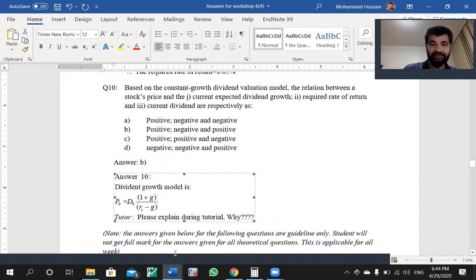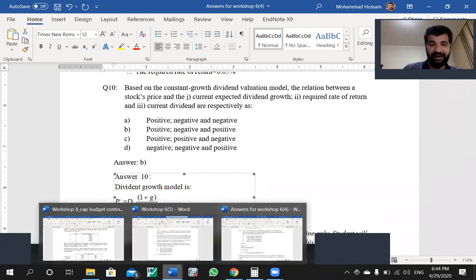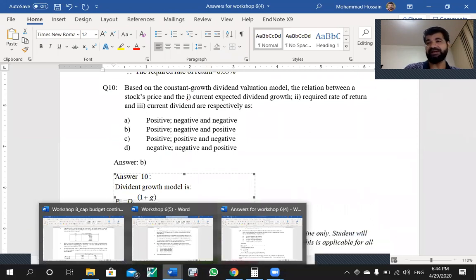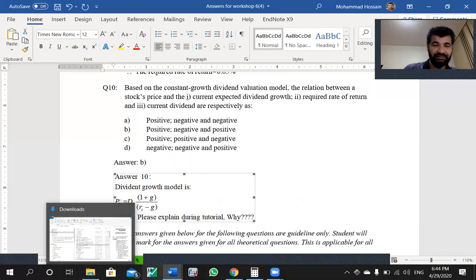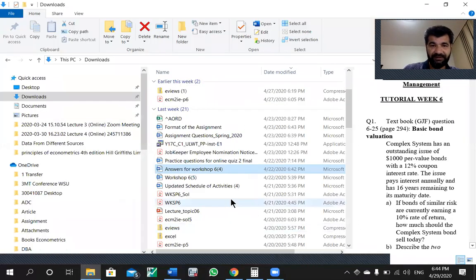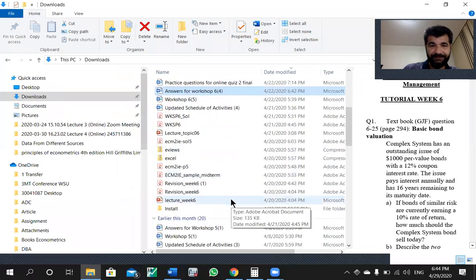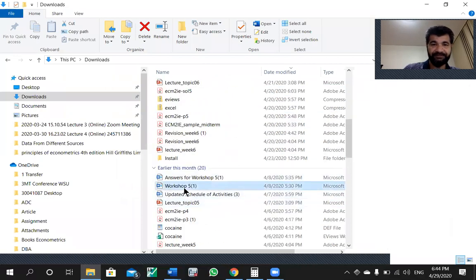Let's go back to our week 5 exercise. Weeks 5, 6, and 7 are very related to each other, so be careful about that.